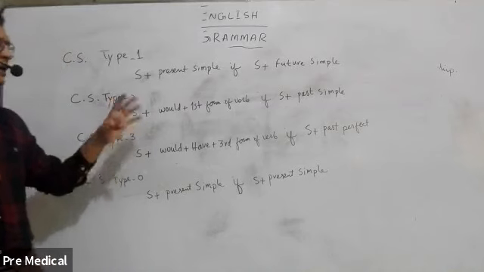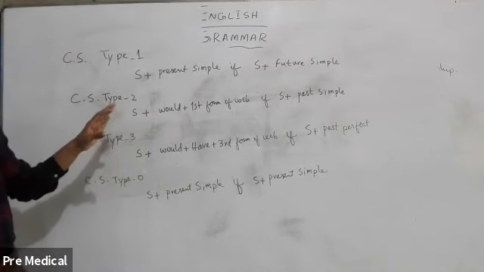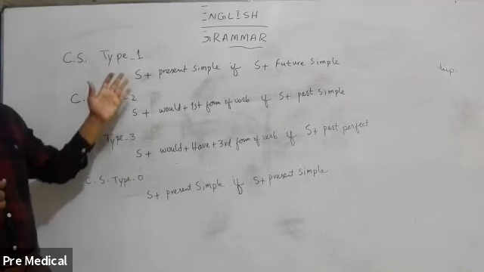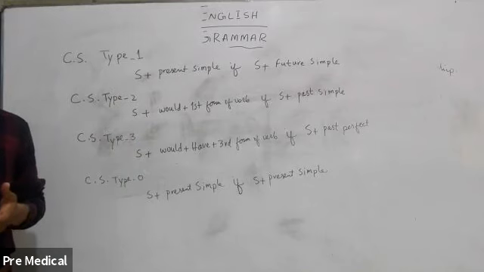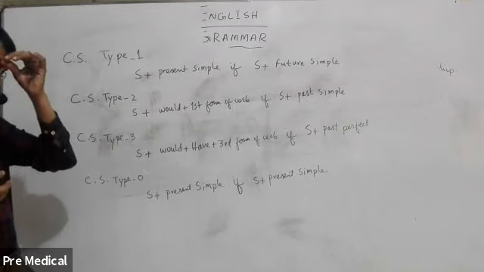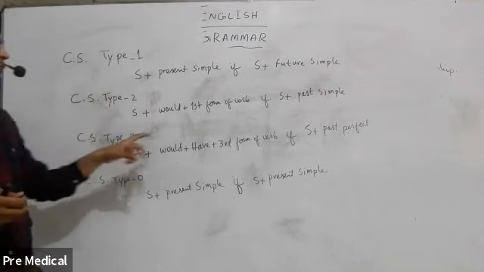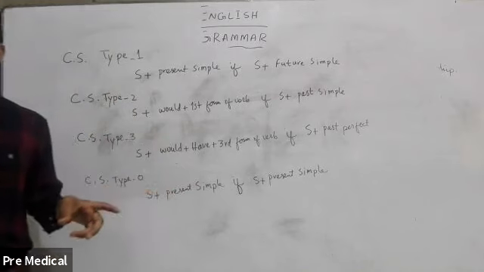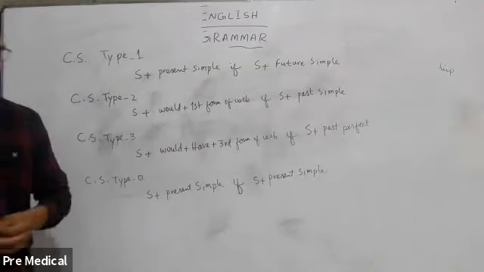They are sometimes confusing because the examiner mixes type 1 and type 2 or type 2 and type 3 to create a bit of confusion for you. So if you are not clear as to what each of the sentences is saying individually, then we might have a problem.